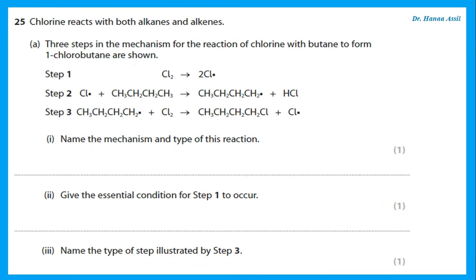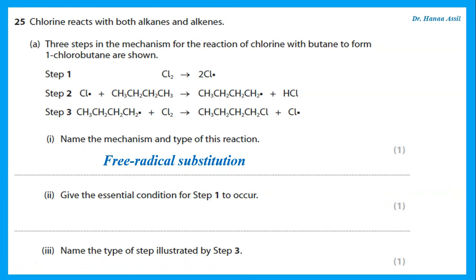Chlorine reacts with both alkanes and alkenes. 3 steps in the mechanism for the reaction of chlorine with butane to form 1-chlorobutane are shown. Of course, you should remember that butane, an alkane, when it reacts with chlorine, what type of reaction is this?